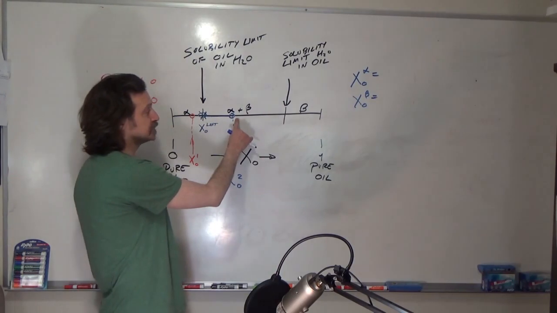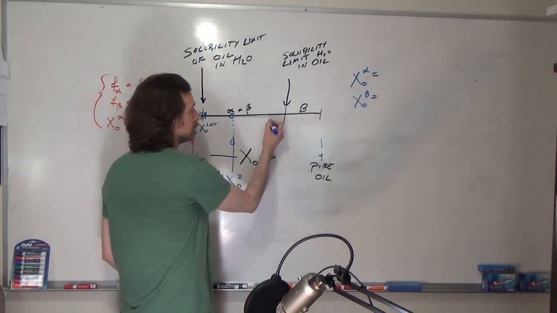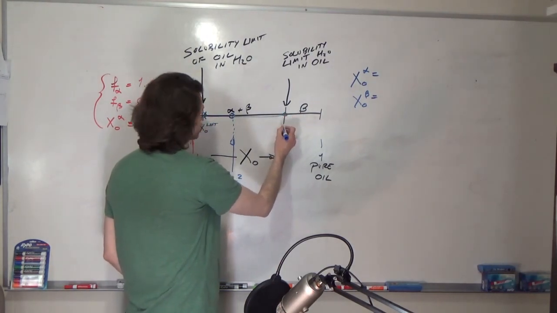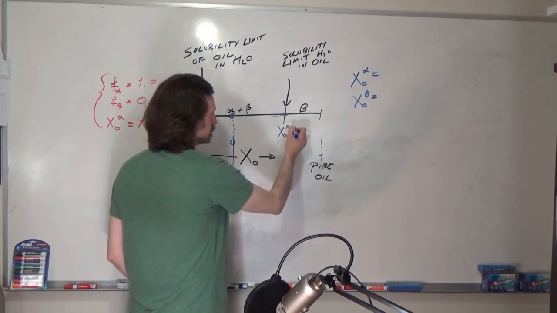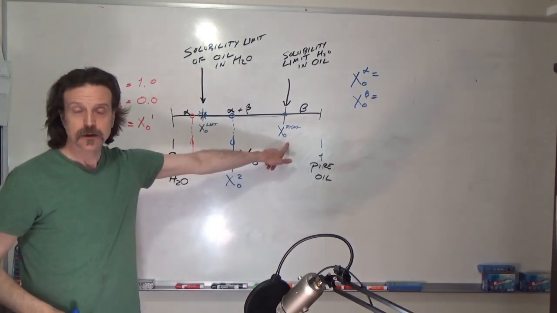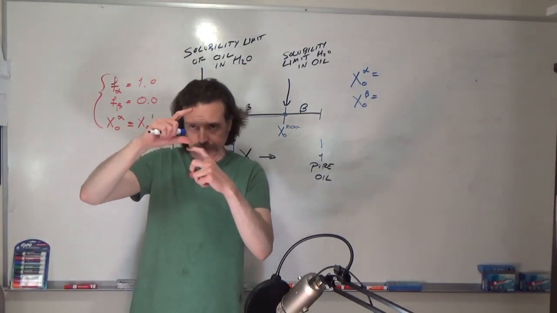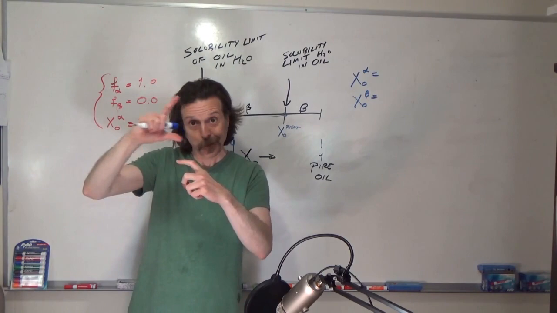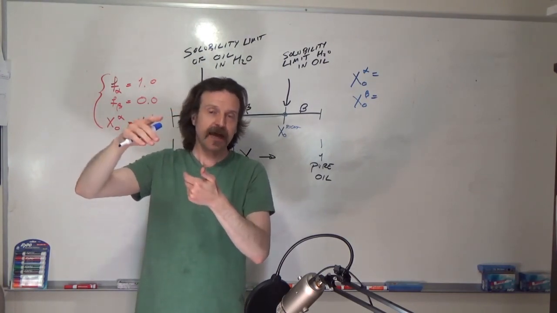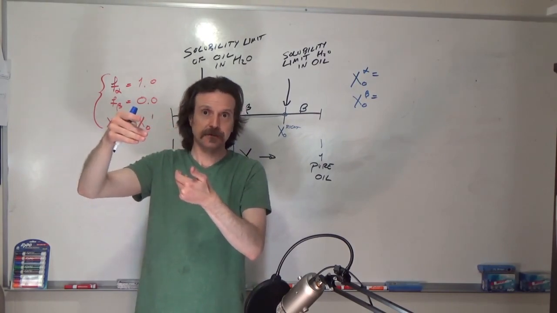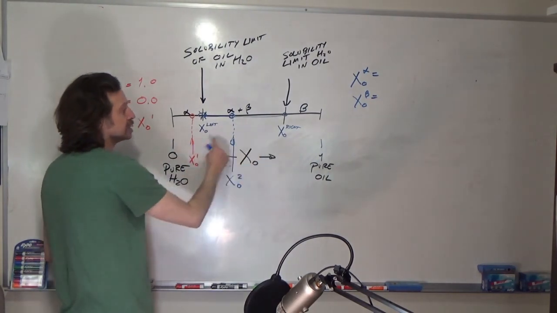And if we want to talk about the solubility limit of water in oil, well, that's going to be over here. And we want to call that XO right. So if you have a system and you're looking at it, you see an oil phase and a water phase, you know that both of those have reached their saturation of water in oil and oil in water, and their compositions are given here and here.